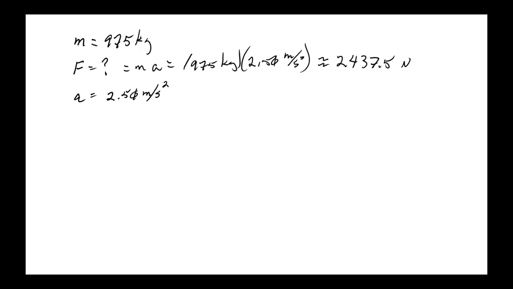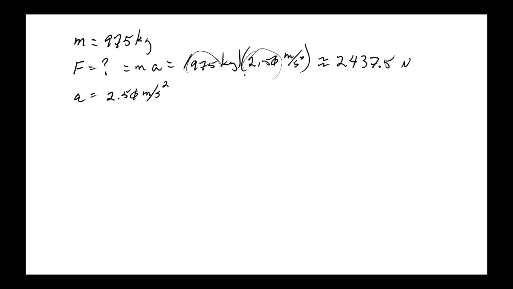Now, your question was, when do you round and when do you not round? You always round. Here's what you do. How many significant digits here? 3. How many significant digits there? 3.